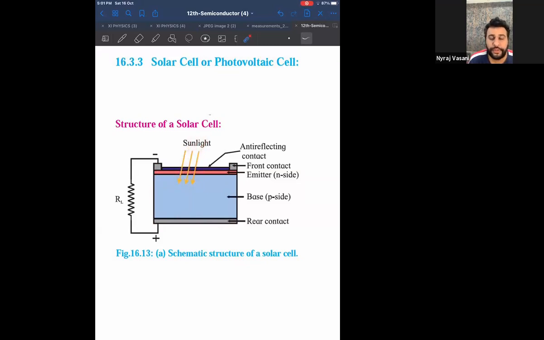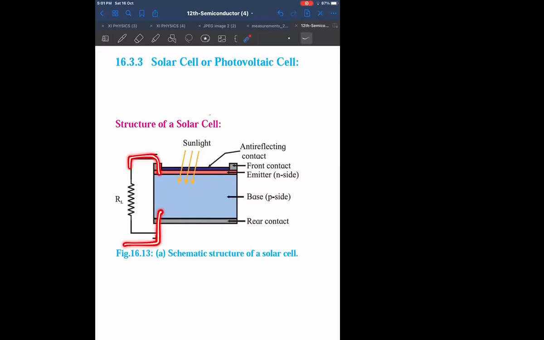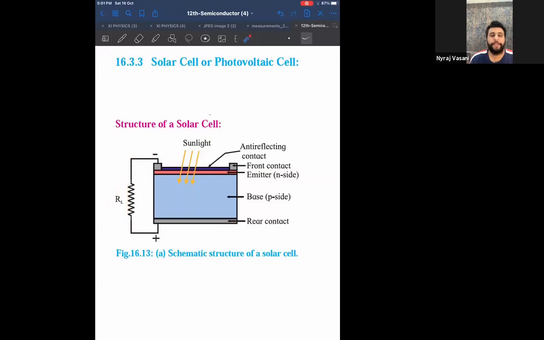And when sunlight falls on the depletion region, electrons and holes recombine, and that current, instead of itself using it, it sends it to some other external device so that that external device can power up. Therefore, the main difference between photodiode and solar cell is solar cell generates current for other devices to use it, and photodiode generates current for itself to use it.